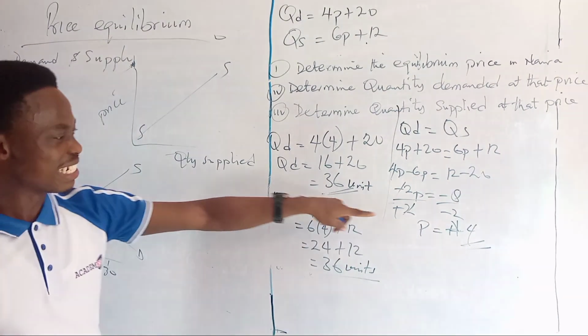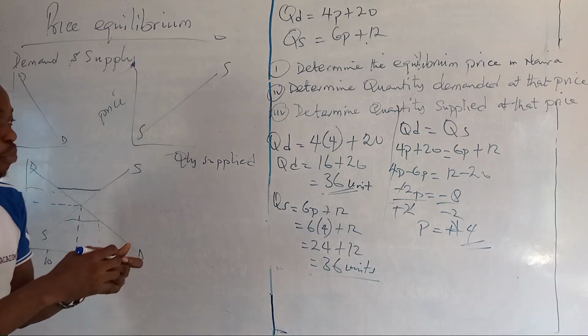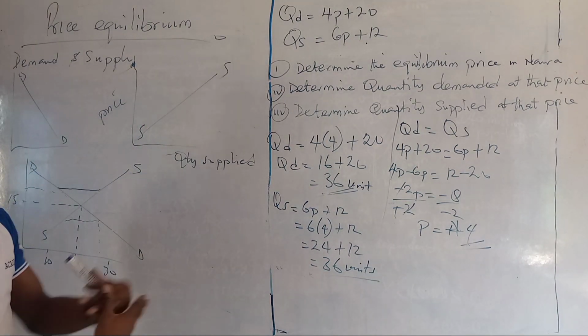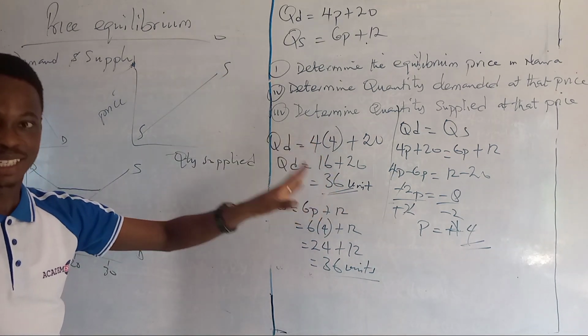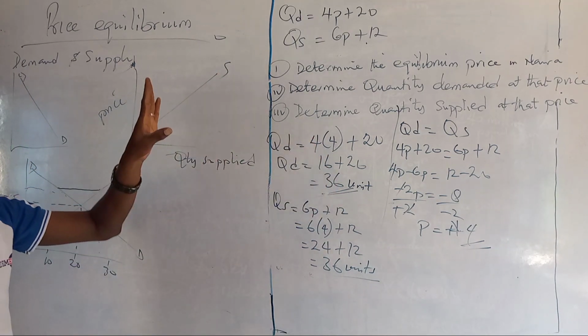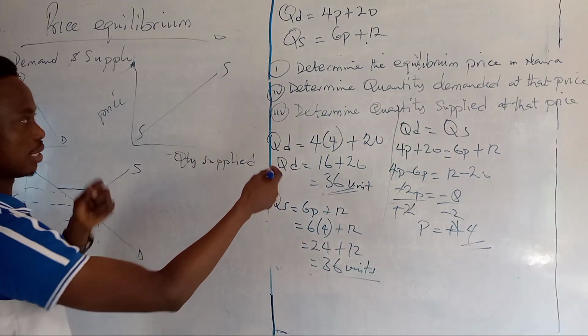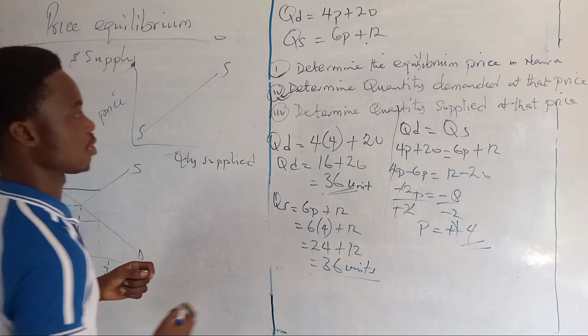Why? Because the 4 naira gotten happens to be the equilibrium price. At that point, quantity supplied and demanded must be equal, which proves that at the point of equilibrium, both the quantity supplied and demanded must be equal.